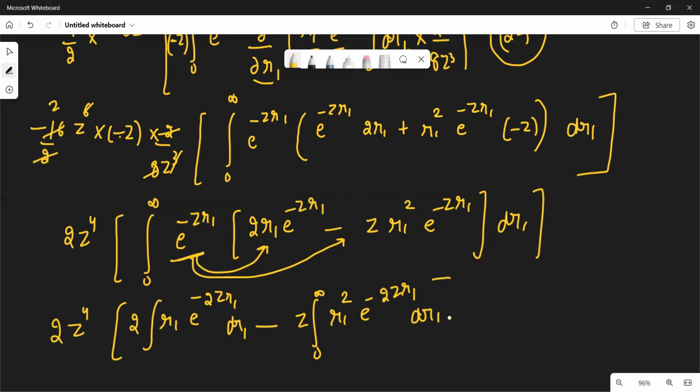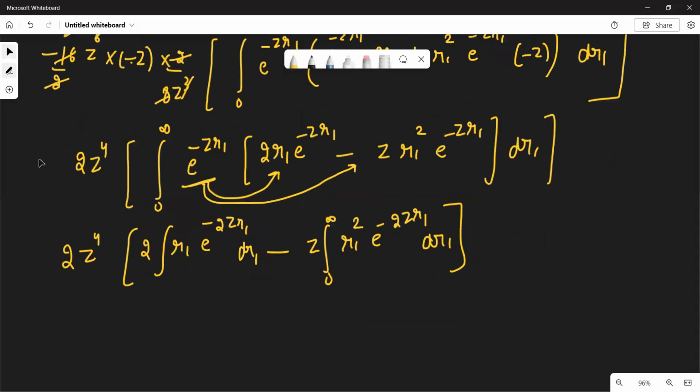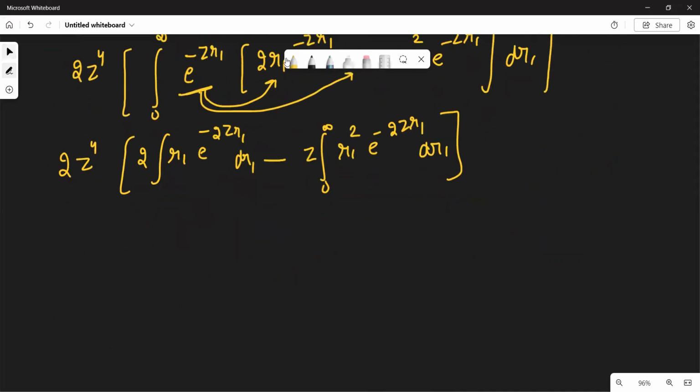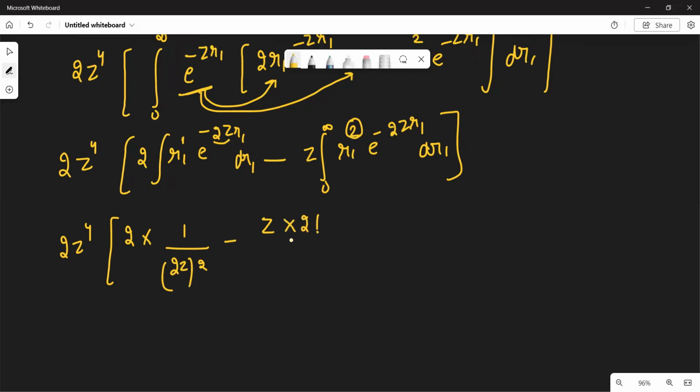Again, we will solve it by using the standard integral. So I will write the results directly. We know the results. So 2 into, here n value is 1, so 1 factorial over 2z raised to power 2. Similarly here n value is 2, you can see power is 2, so n is 2 factorial divided by 2z raised to power n plus 1, which is 3.